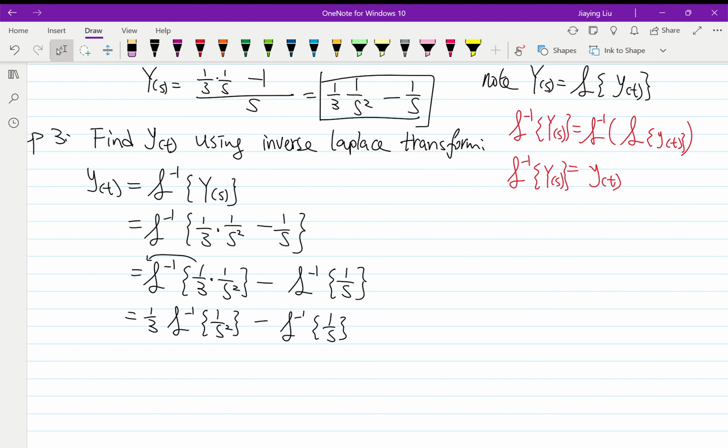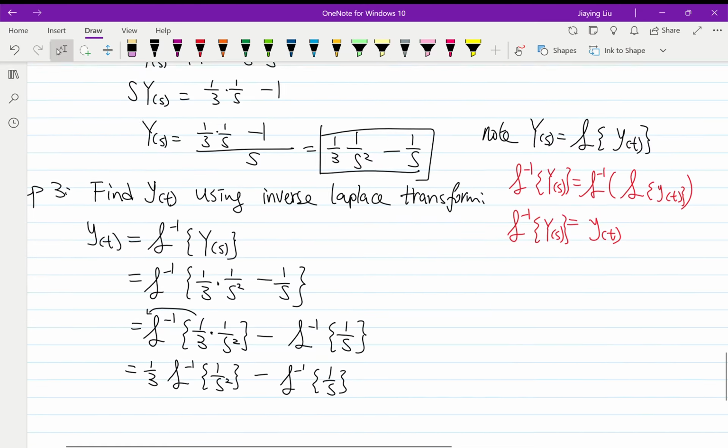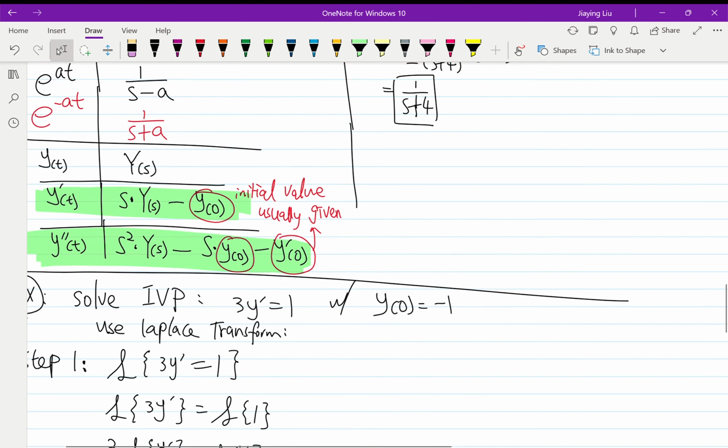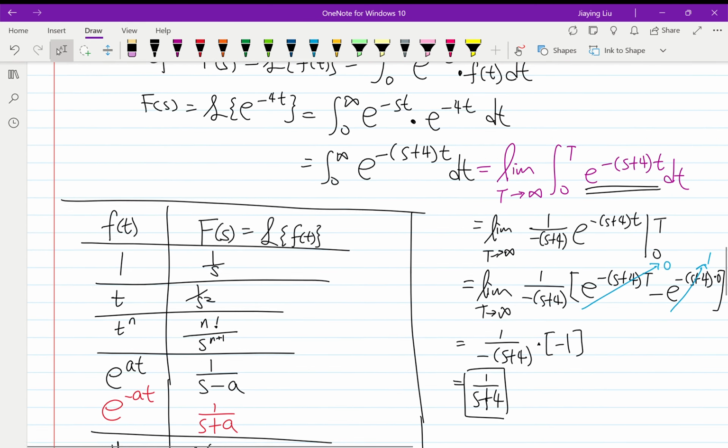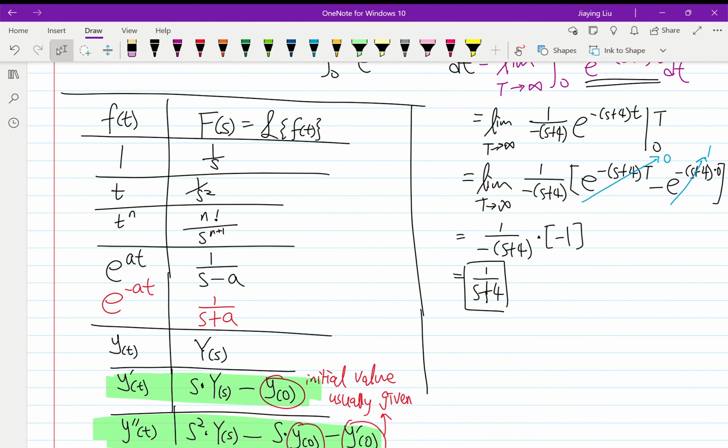Okay, so we have 1 over s squared. How do we find the inverse Laplace of that expression? The table again. So now we're going to go to the table. The table earlier tells us that if we have a function of t, we can get a function of s by taking the Laplace transform, going from here to there, right? But now we have something on the right hand side, and we want to apply the inverse Laplace.